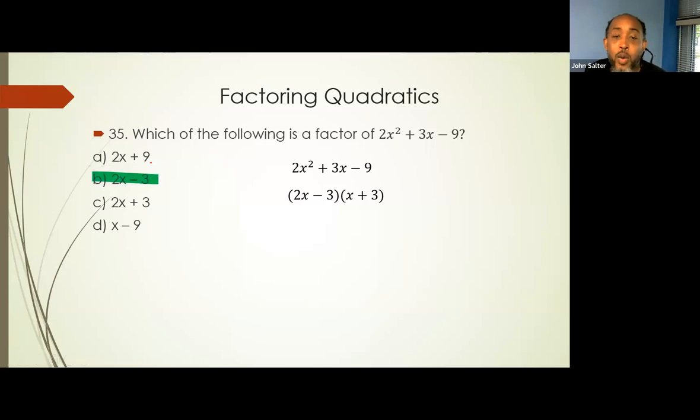No. All right, so what I would have done was an AC method, where I would have done this times this, that 18. And then the last number I had up here was a 3. What number do I have that can multiply to give me this and add to give me this? Is what I would have started with.